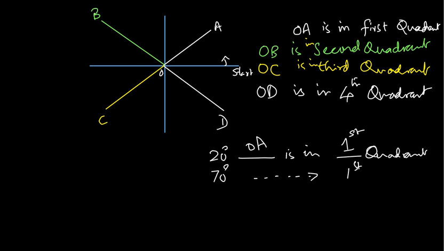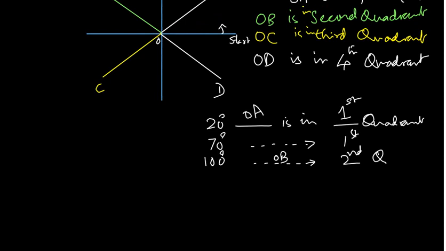I'll give 100 degrees. Yeah, past OA, kind of OB, and it's the second quadrant. And if you have 150, then it is in the second quadrant.